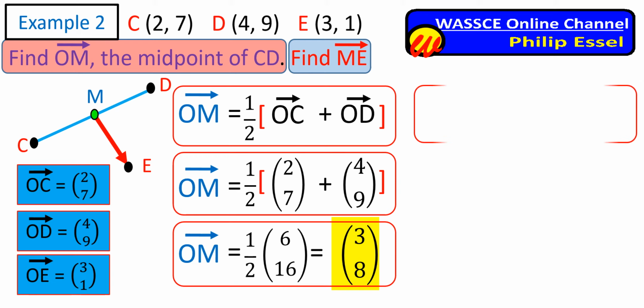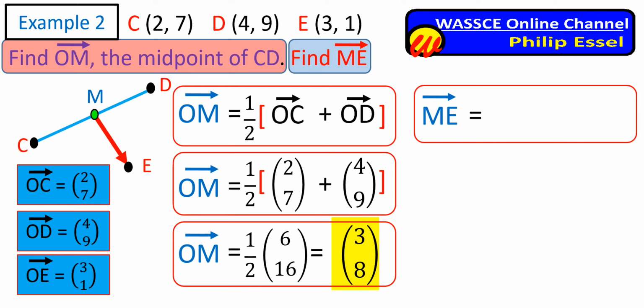Let's move on to the second part of the question, which wants us to find the vector ME. In this second part of the question, we'll be using our knowledge in vector resolution to do this. So if we want to find the vector ME, then we have to resolve it into its component position vectors. I believe you remember this.